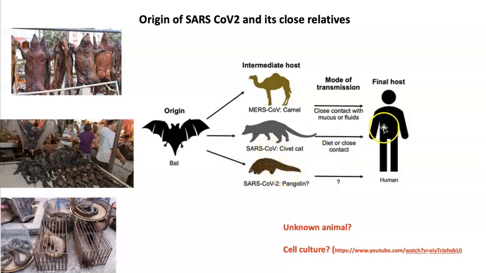The point is that there's enough difference between SARS-CoV-2 and the viruses taken from these animals to suggest that something else came here. So again, an unknown animal, and I have to point out that thousands and thousands of animals have had their coronaviruses sequenced by researchers, and nothing like SARS-CoV-2 has been discovered.